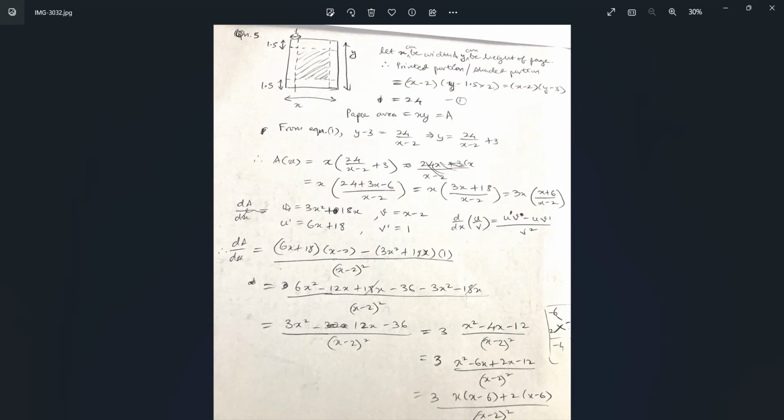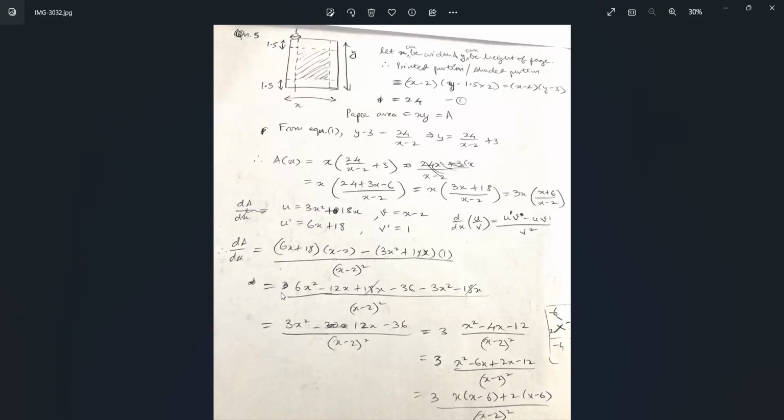So here u prime is 6x plus 18, and v prime is 1. So dA by dx is this value into this value, minus this into this, the whole divided by v square.